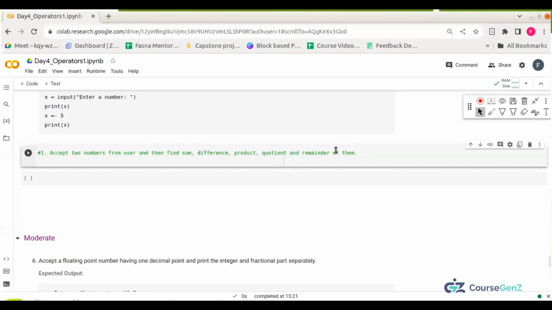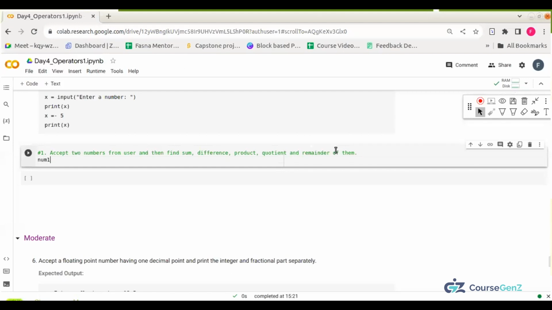How can we accept? We will be accepting by using the input keyword. I think it's clear. Then the second variable also we have to get as input, but the thing is we have to get the sum, difference, product. All these are arithmetic operations, so we have to convert it to a number. So it will be int of.